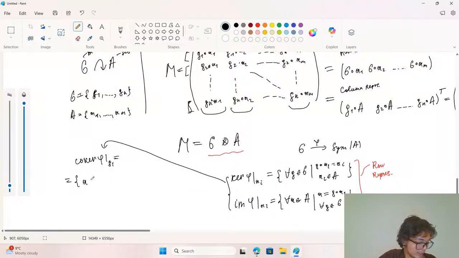So it's all the elements a in A such that g_i keeps them fixed, for g_i in G. So it's a column representation because we look at the i-th column here, or the i-th row, because it's the column representation. That's why I call it column representation. But we look at the row of the matrix M.